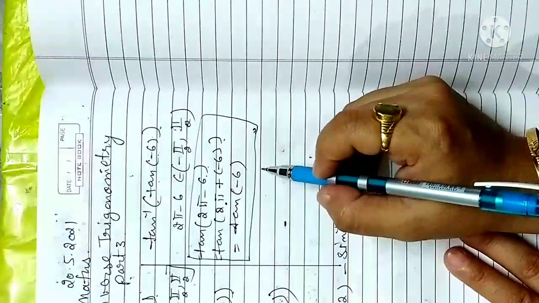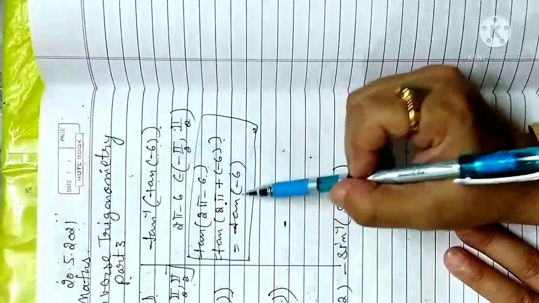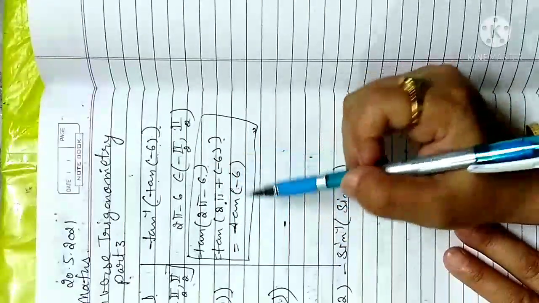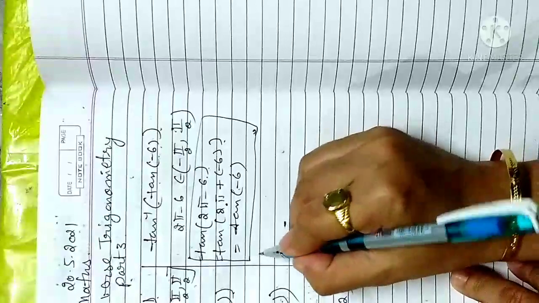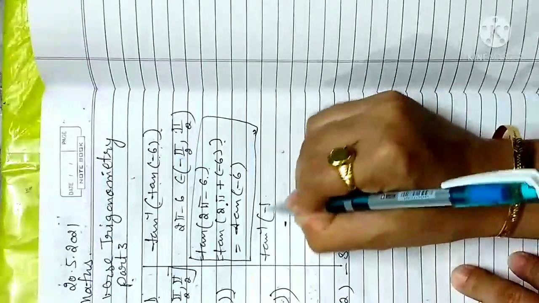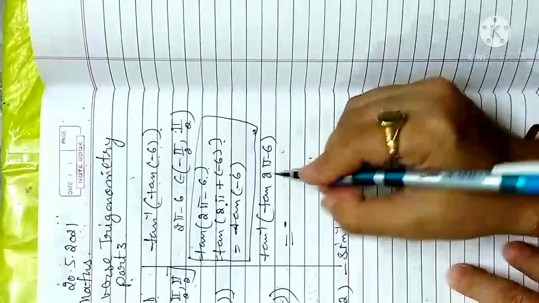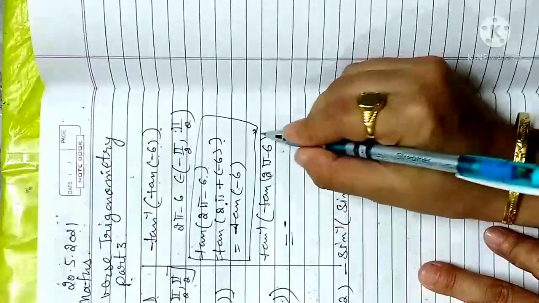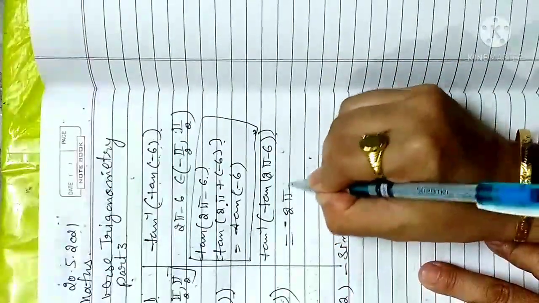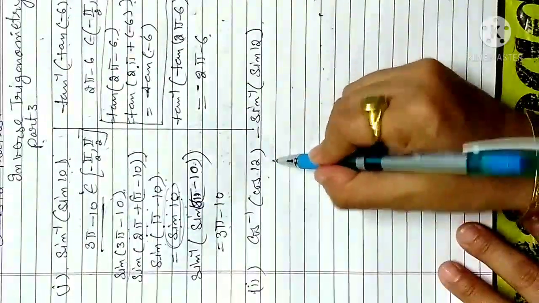So now in place of tan minus 6 I replace this value 2 pi minus 6, so that is tan inverse tan 2 pi minus 6. The tan is cancelled, so my value is 2 pi minus 6.